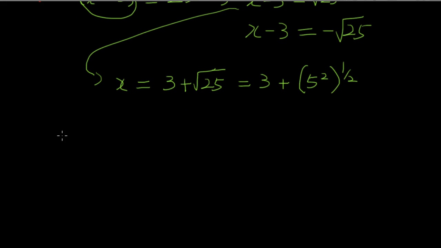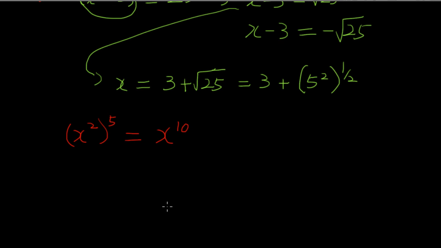Let's say you have x to the square to the 5th power. What do we do with these two? Well, should we add or should we multiply? Now, if you remember this correctly, we should multiply.